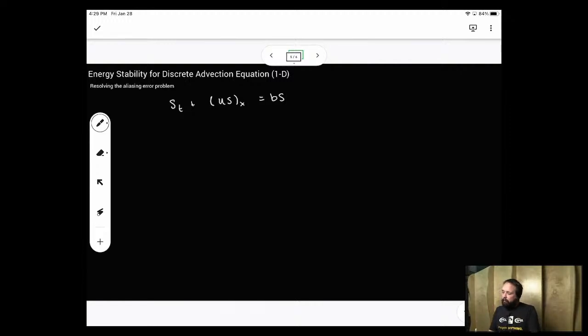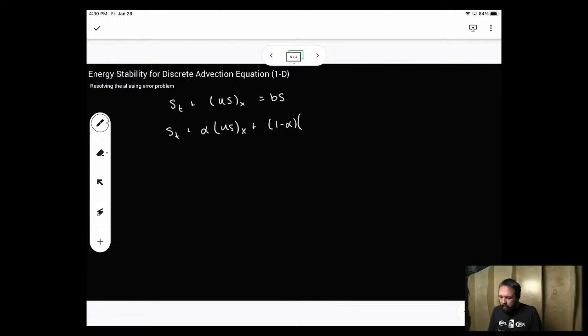Instead of starting from this form to get the weak form, what we actually are going to do is a weighted sum of this conservative form and the form with the chain rule applied. So we'll write this as alpha times usx plus 1 minus alpha times usx plus uxs. As long as alpha is between 0 and 1, this is a weighted average.